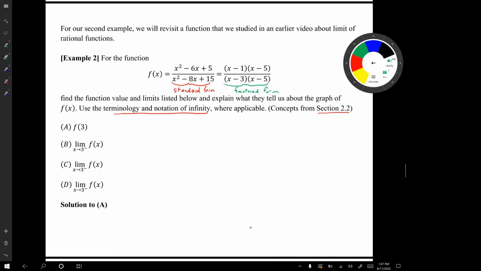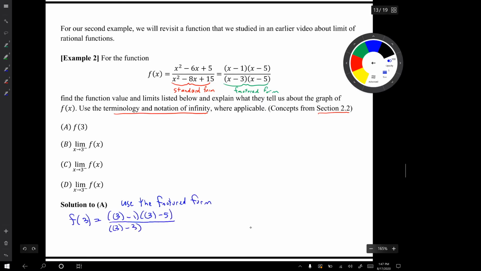It's most convenient to use the factored form. So the y value does not exist. Now we're supposed to say what that tells us about the graph. That tells us that there is no point on the graph with x equals 3.